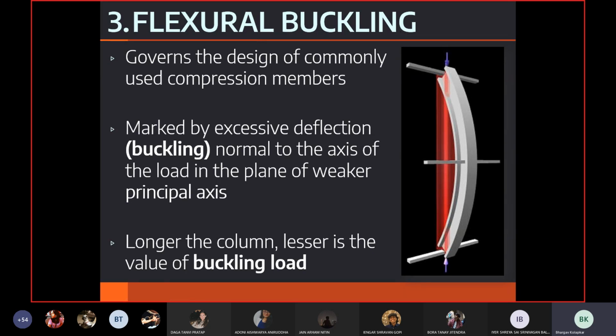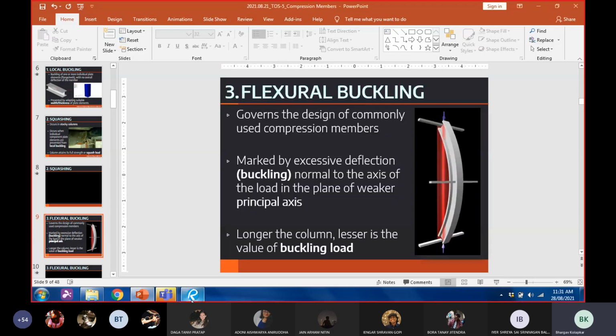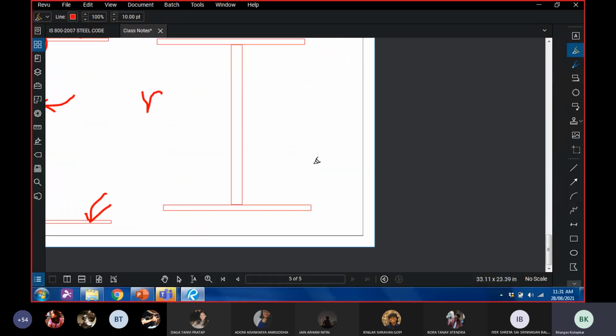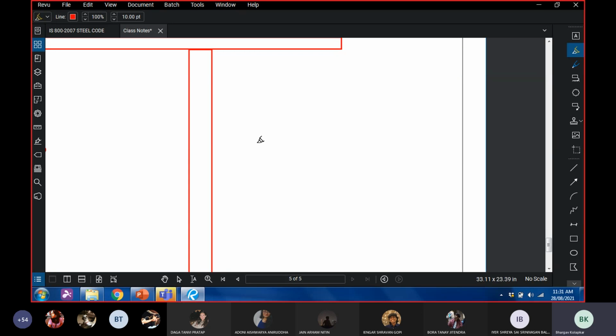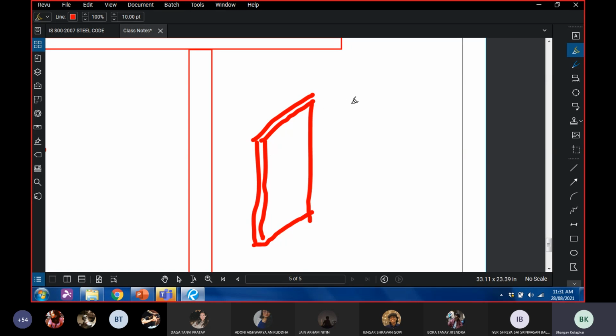Now, go back to the experiment and let's resume that experiment. You notice that the buckling occurs along the minor axis. Now, what do I mean by that? So if this is your steel ruler, you'll notice that it sort of buckles like this, and not the other way around.